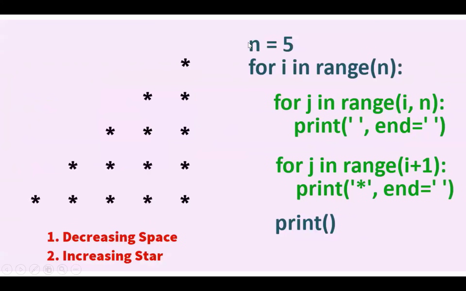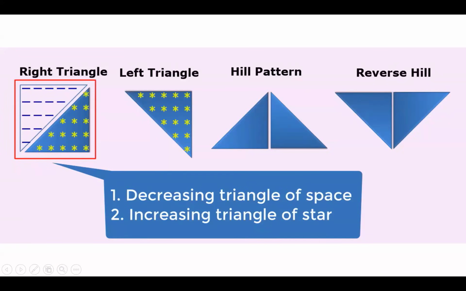As we have this one, for this one, do you remember what code we have written in a decreasing triangle? It's n minus I. And for the increasing triangle, what was the code? For increasing, it was I plus one.